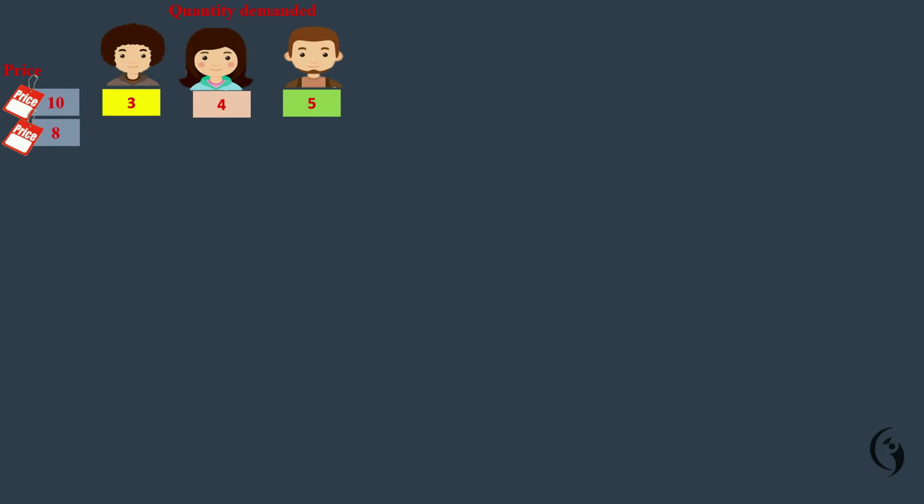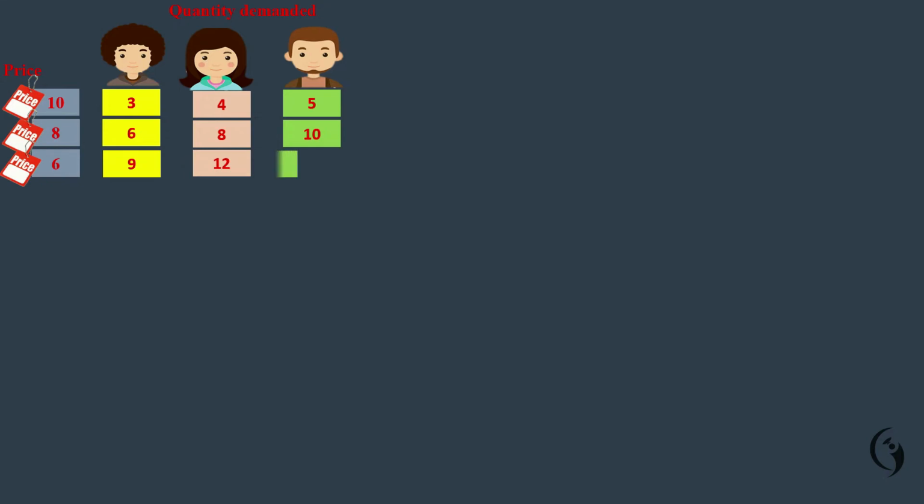If the price is 8, the first person will consume 6 quantities of the particular commodity, the second person 8, and the third person 10. If it is 6, the first person consumes 9 quantities, the second person 12, and the third person 15.